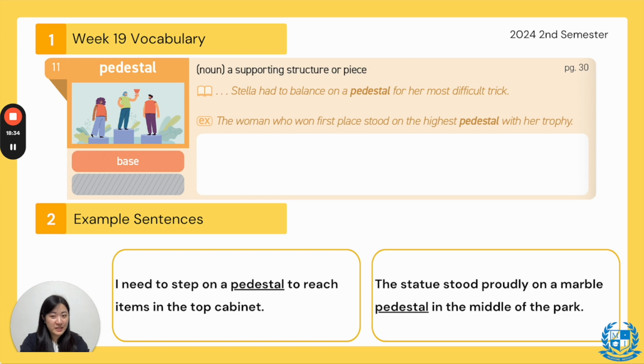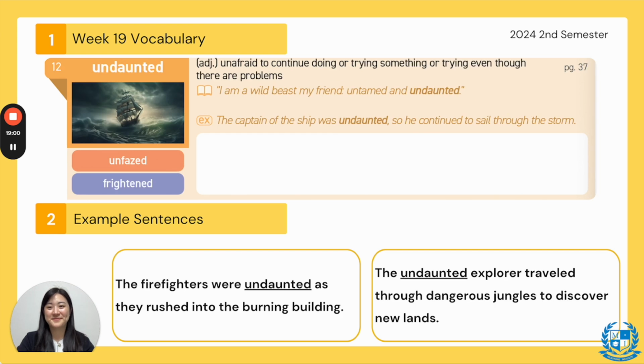So maybe in your kitchen, you can't reach the top shelf, so you have to step on a step. But instead of saying step on a step, because it sounds repetitive, we can say step on a pedestal. Next one, it says the statue stood proudly on a marble pedestal in the middle of the park. So the beautiful statue was standing there on the pedestal.